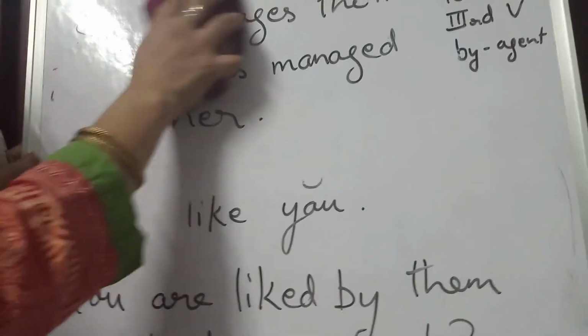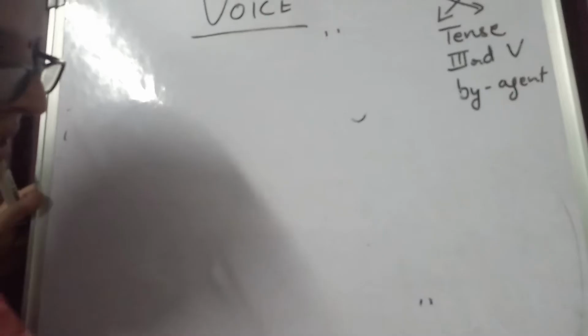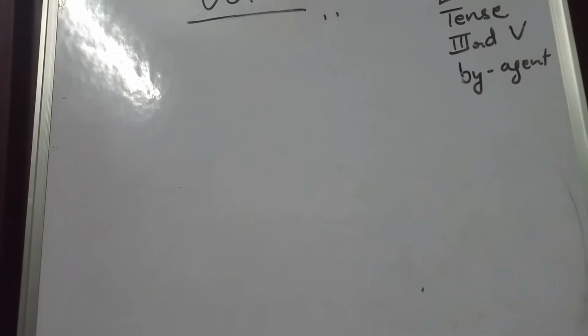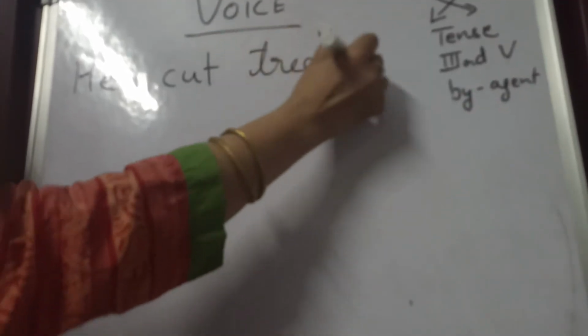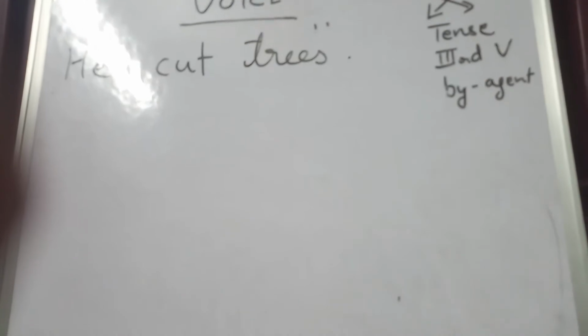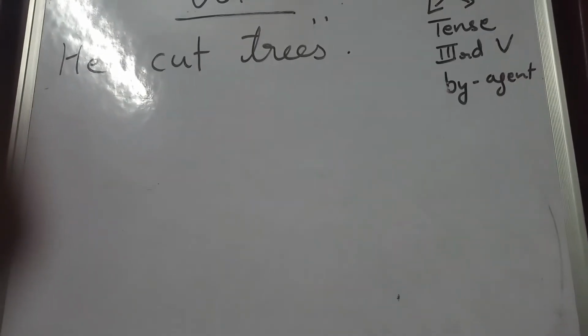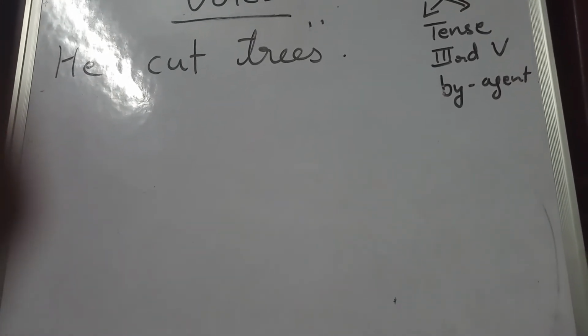Now we come to simple past or past indefinite. Now, past sentence, he cut trees. He cut trees. Do we have a third form of cut? Please don't make that mistake. Cut remains cut only.